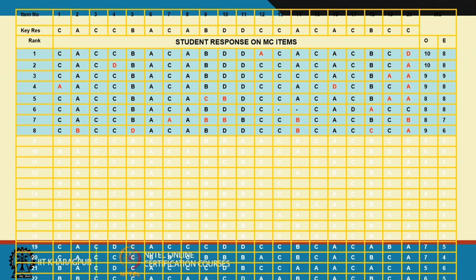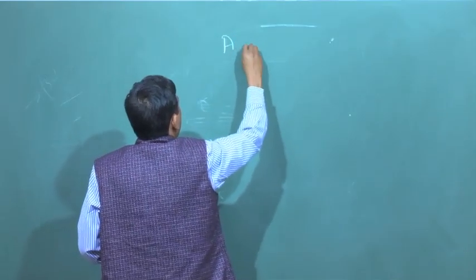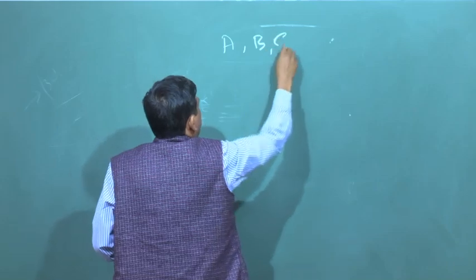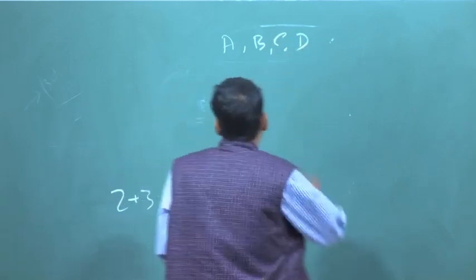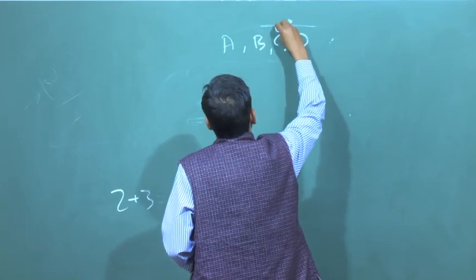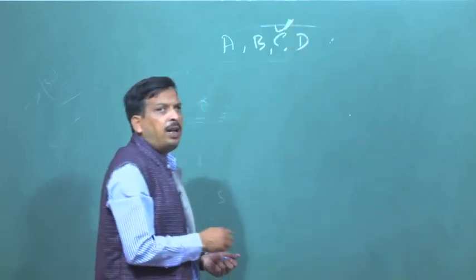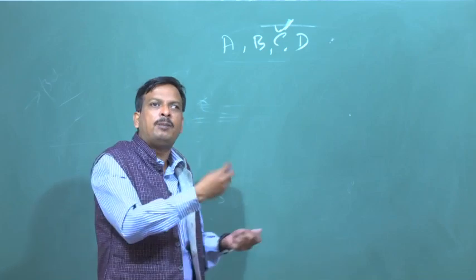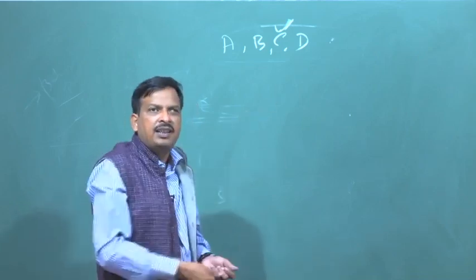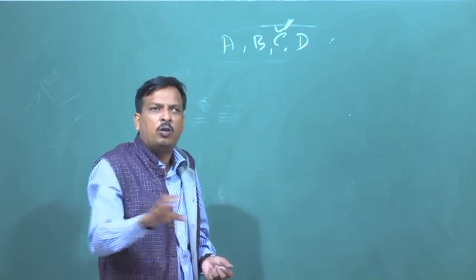If you see item number 4, there are 4 choices A, B, C, D, and the correct answer for item number 4 is C. Now I have to find out from a past examination, let us say 30 people took the exam, and I rank them and find the upper group and lower group.